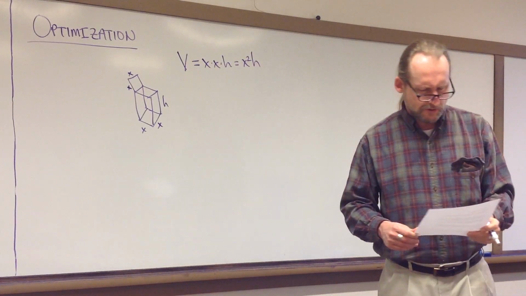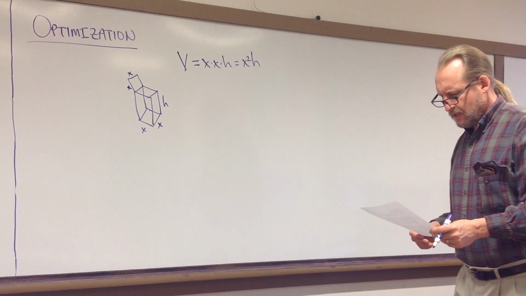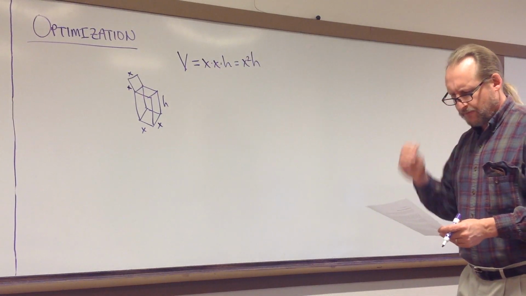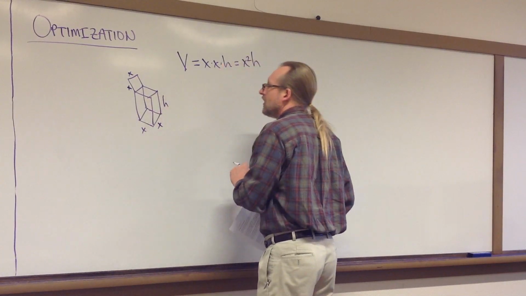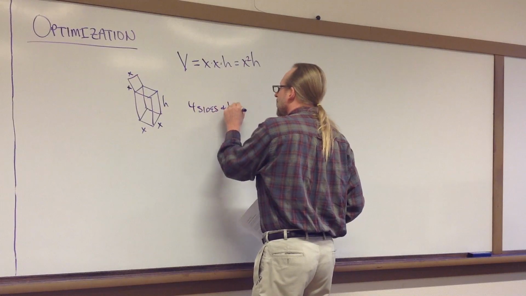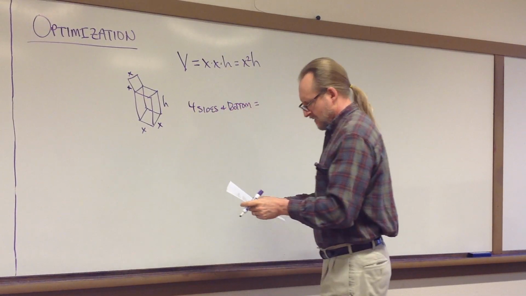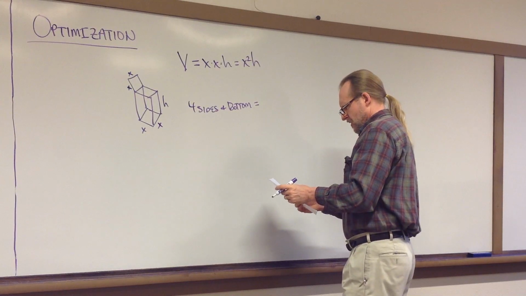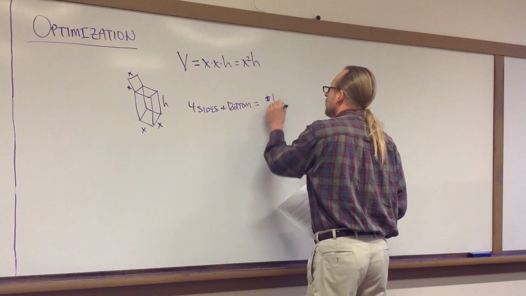Alright, what else? The cost for the materials is $1 per square foot for the four sides and the bottom. So the four sides and bottom are going to cost $1 per square foot.